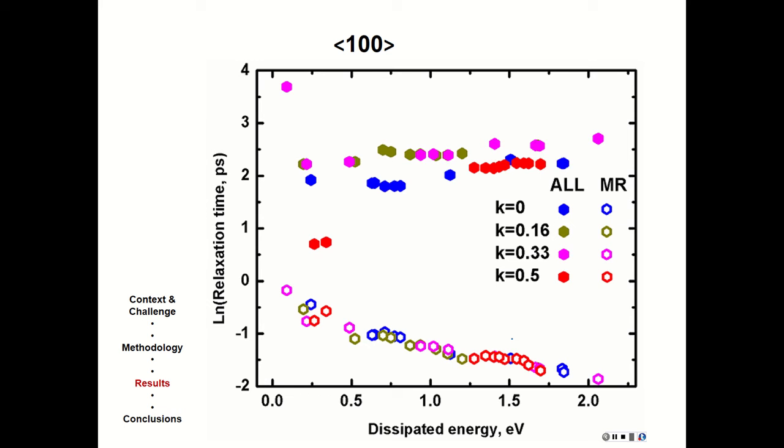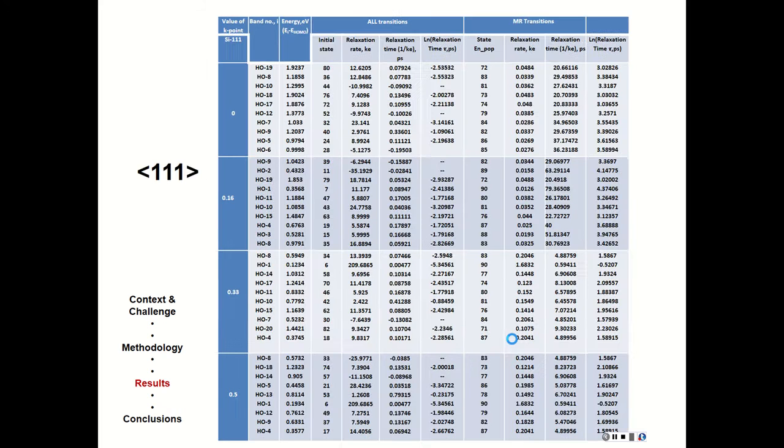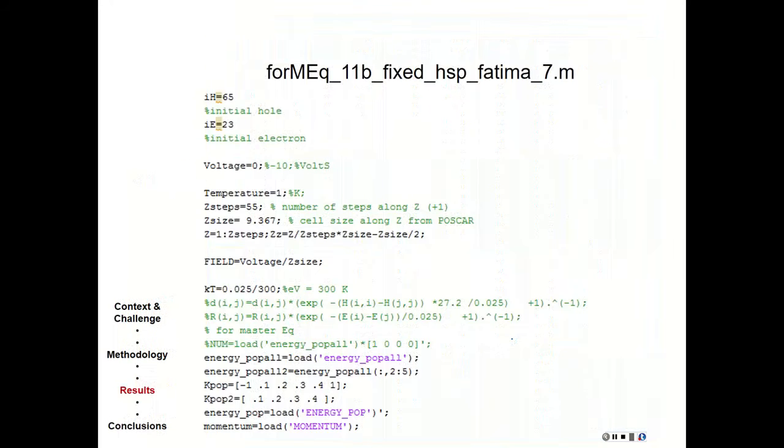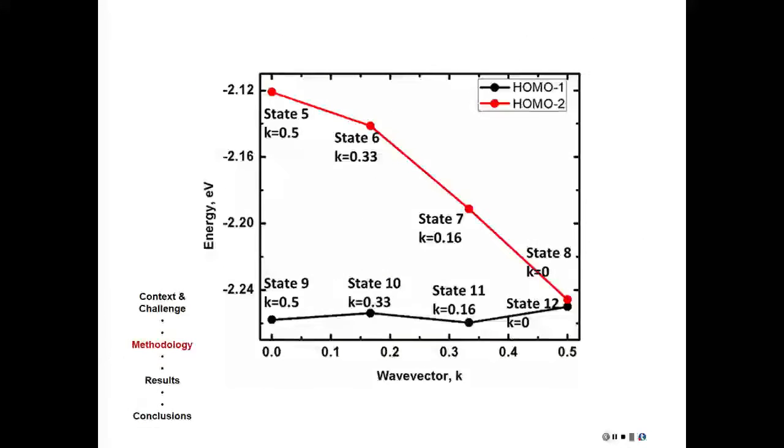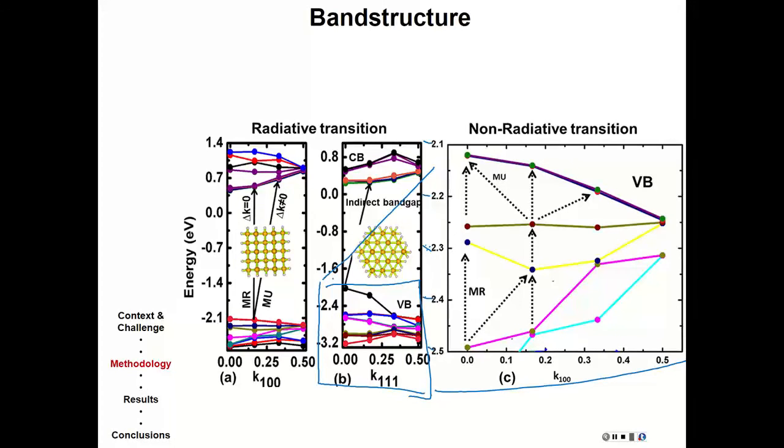In a non-radiative transition, a hole can transfer from one K point to different K points. Here, in this right channel, we can see a hole can relax. If it is momentum restricted, then just this way.